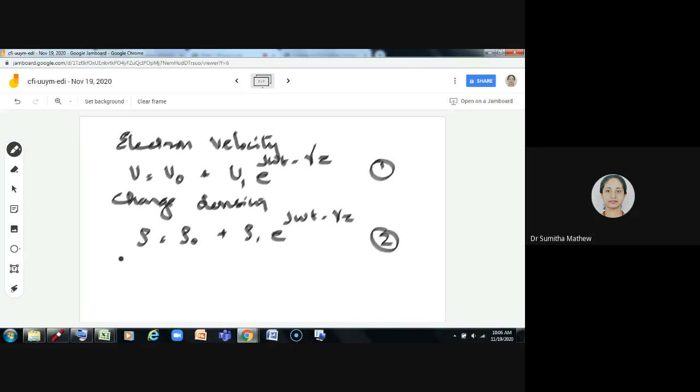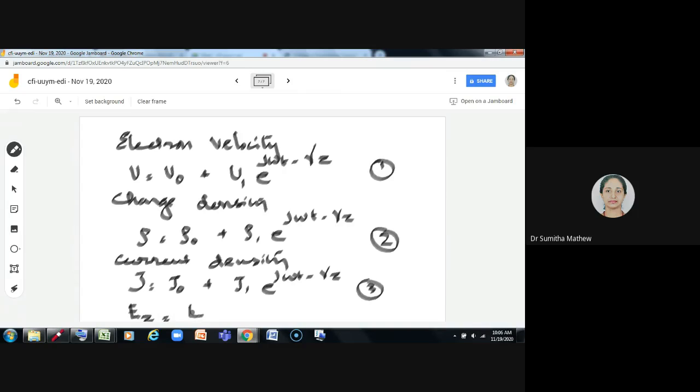Then current density as J is equal to J0 plus J1 e raised to j omega t minus gamma z. Then finally, the axial electric field, Ez is equal to E1 e raised to j omega t minus gamma z. These are the things we assume at first.